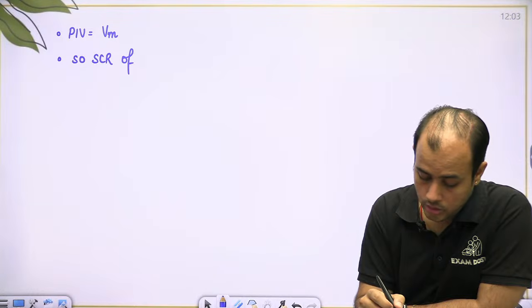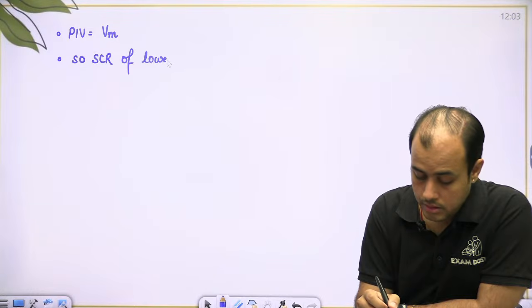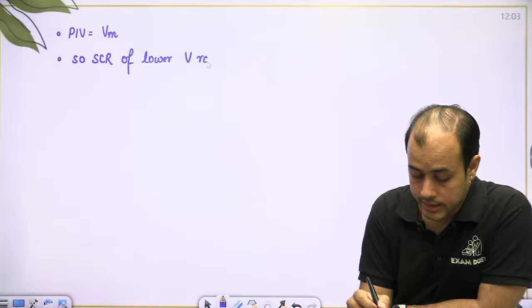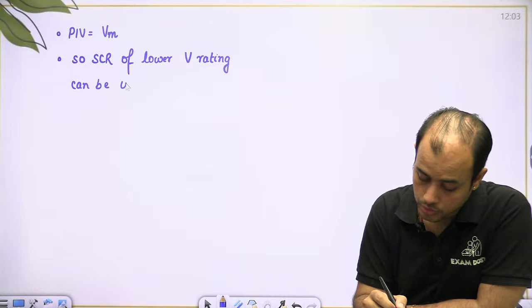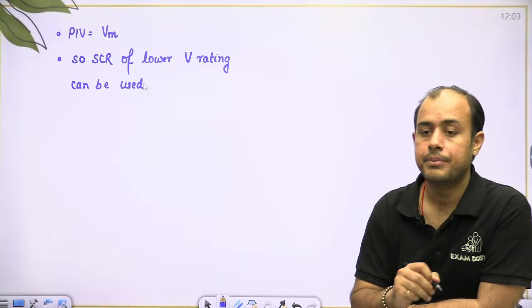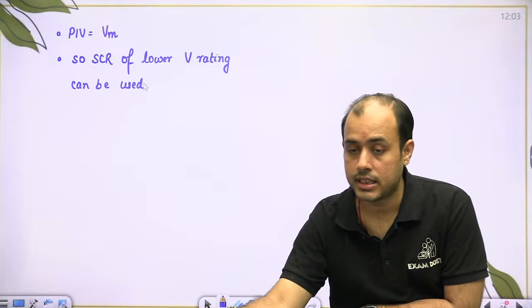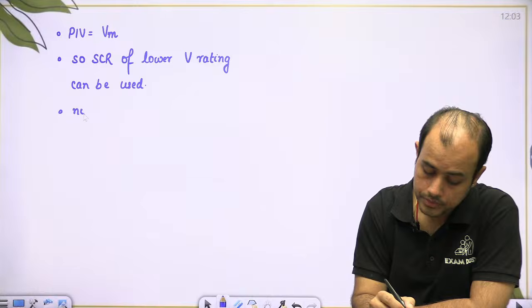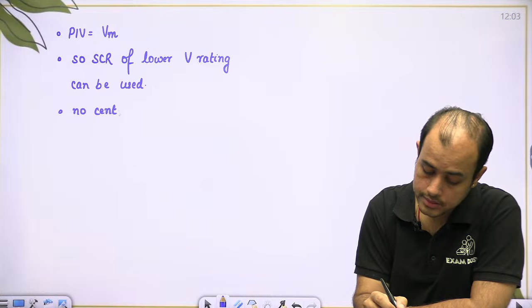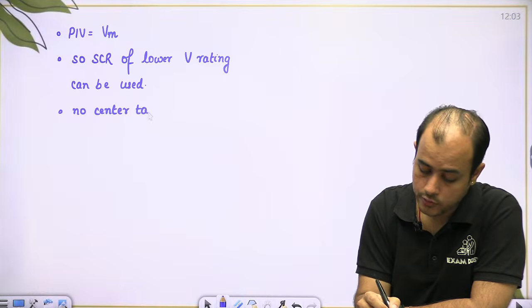So SCR of lower voltage rating can be used. ठीक है? Rest of the parameters will remain the same, and there is no center tapped transformer.